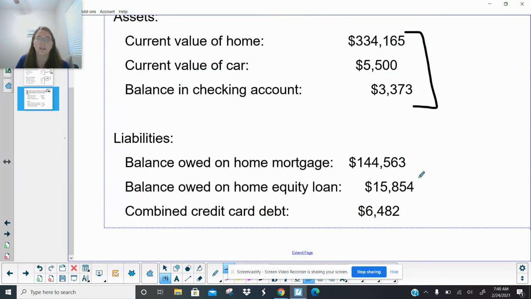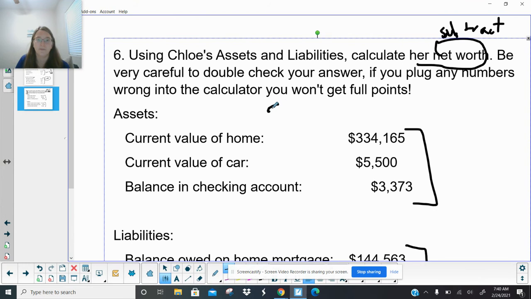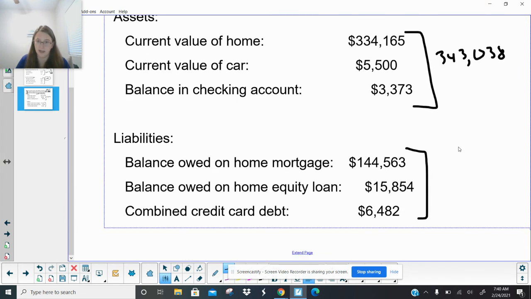So you did, however, still need to add these because we need all of the assets minus the liabilities. So we have to add together all of these assets. So 334,165 plus 5500 plus 3373. Okay, 343,038. And 144,563 plus 15,854 plus 6482.